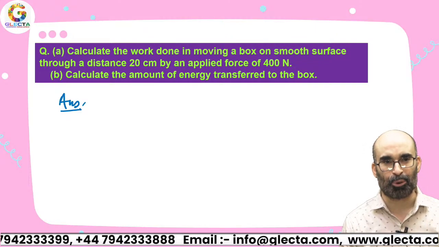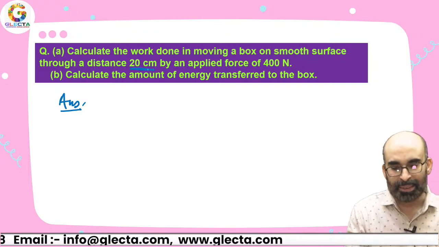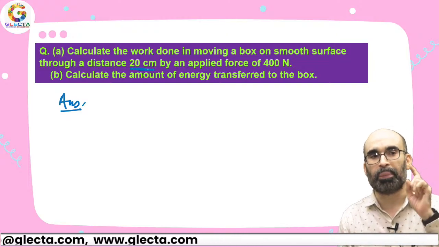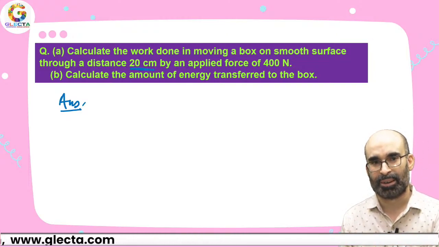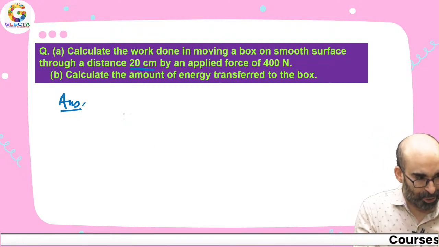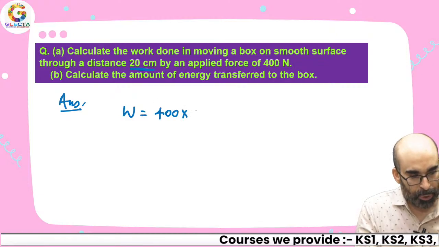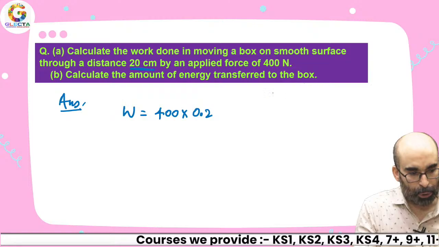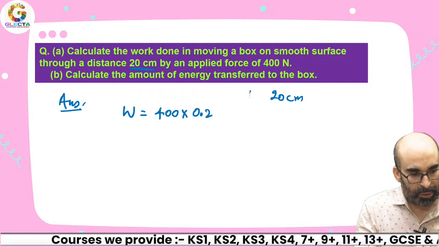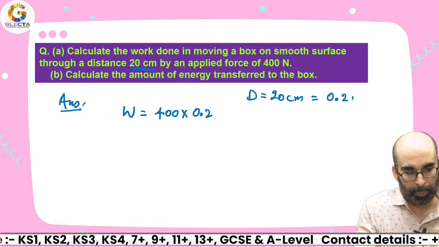There is something I want your attention on. I told you that distance you need to calculate in meters, not in centimeters. So pay close attention to this. Force is 400 times 0.2. When you say distance equals 20 centimeters, that would mean 0.2 meters.